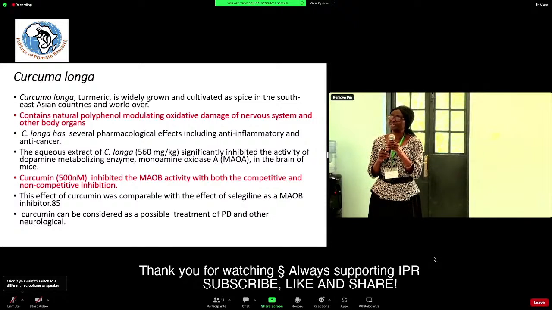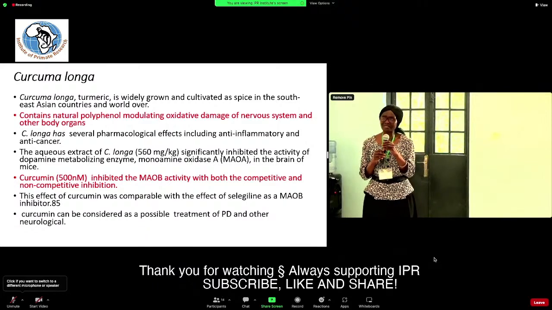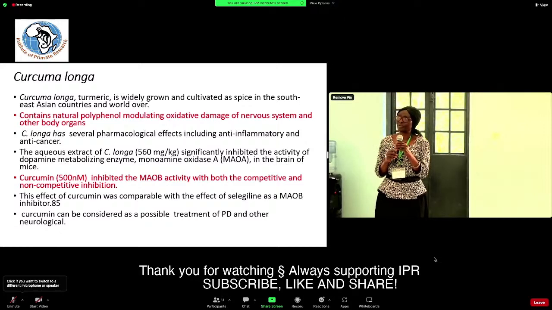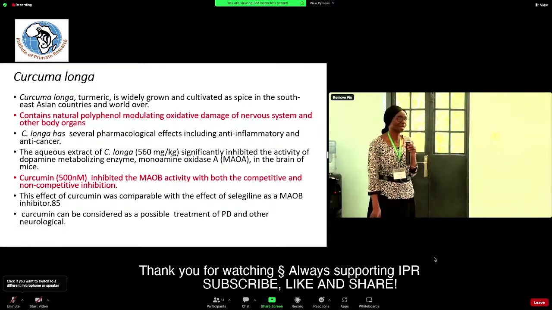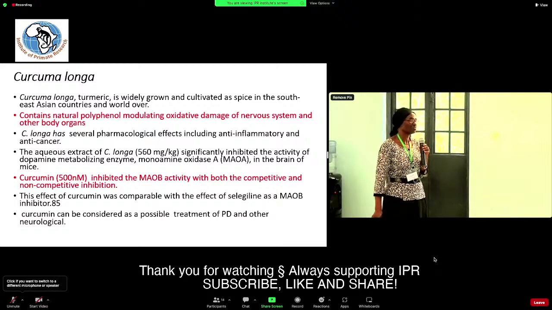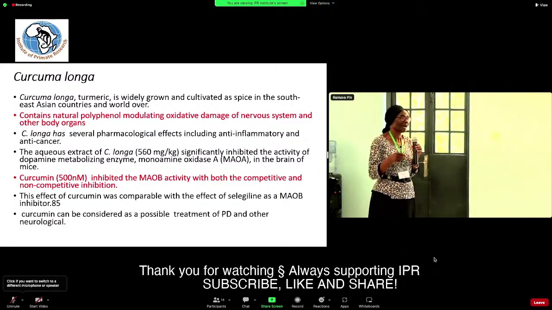It also significantly inhibits dopamine metabolizing enzymes. So the pharmacology has been done and has been proven that the active principles found in these herbs actually have relevant and direct impact on the pathological pathway of Parkinson's disease.